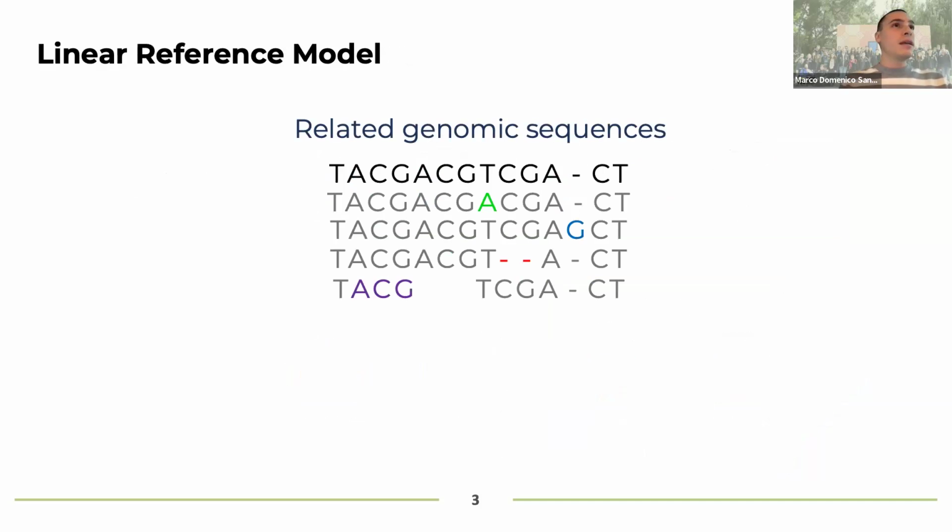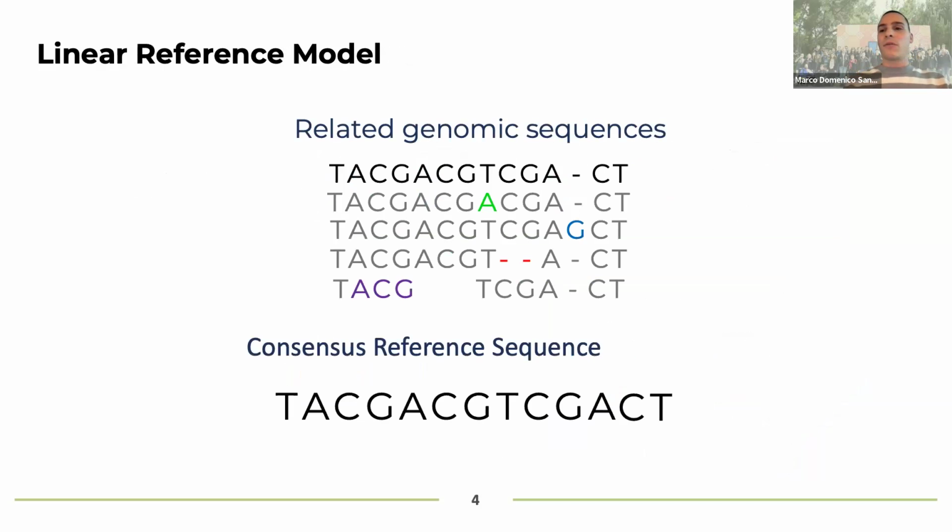So until 2015, both the assembly and analysis tasks could only be supported by a linear representation of the genomes. And this led to the creation of a consensus reference sequence, which was made by merging a multitude of genomes into one single sequence by selecting for each genome site only the most frequent variation among all the possible variations for that site.